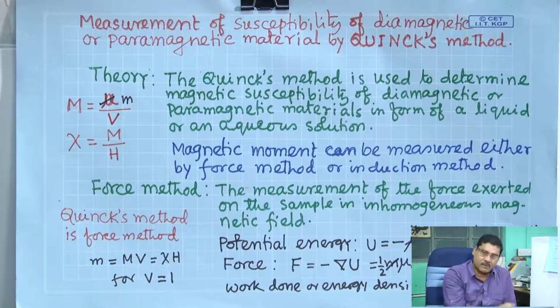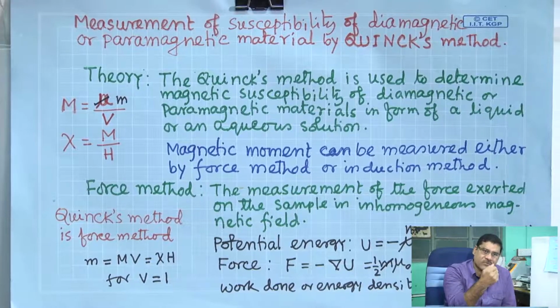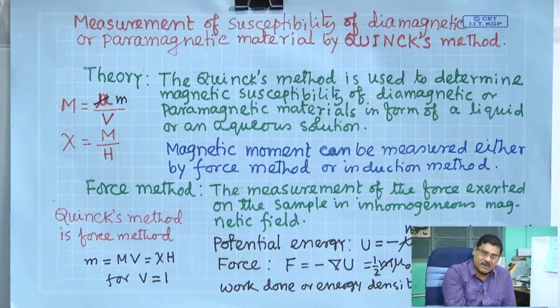If you can balance these two, then from this balancing equation one can measure the magnetization. One is the magnetic force, or force due to the magnetization, and the other is a compensating force in the opposite direction.